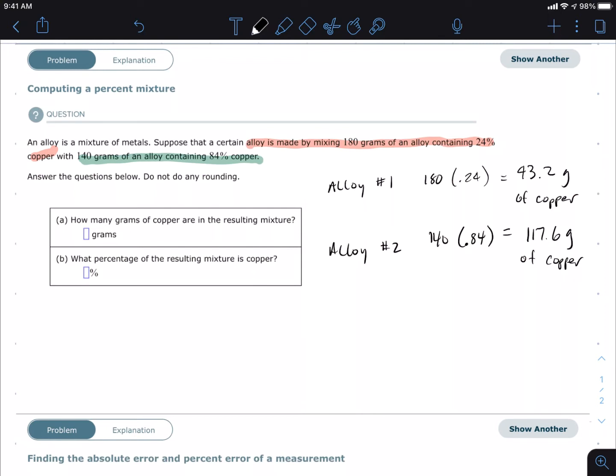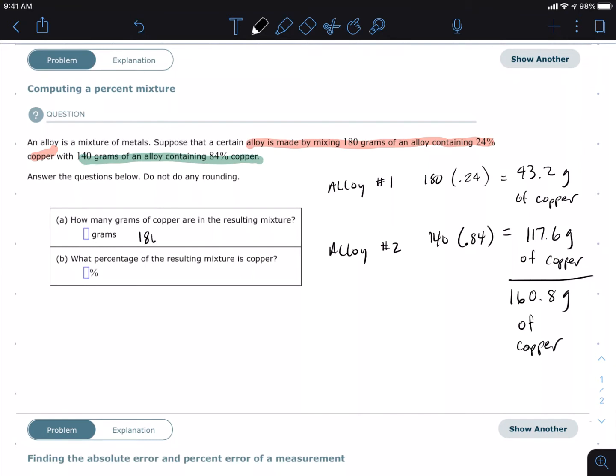Okay, so the first question is asking how much copper we have in the new mixture. So all we need to do is add these two. So I'm going to go 43.2 plus 117.6 results in 160.8 grams of copper.